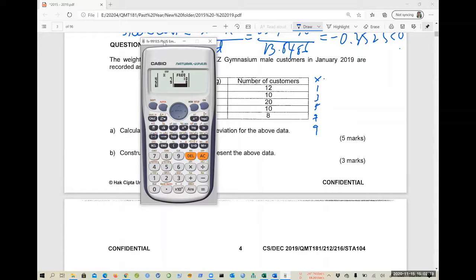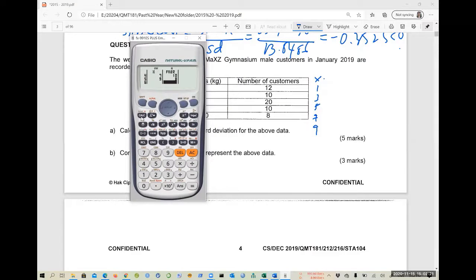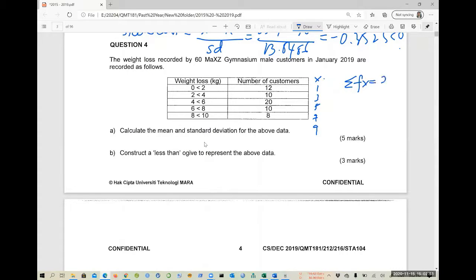Just look back here, you have 60. Let's check whether you have a frequency total of 60. Clear this one, and let's check the sum with number 3. You want the summation of fx, so number 2. The summation of fx is 284.